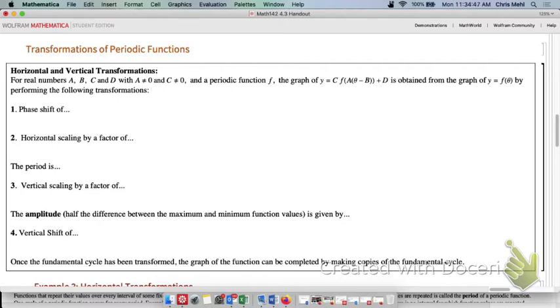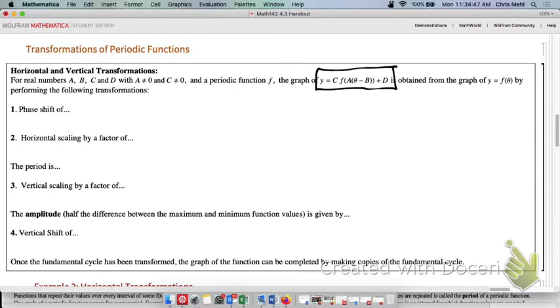Let me read this off. For real numbers A, B, C, and D, with A and C non-zero, and starting with a periodic function f, the graph of y equals C times f of A times the quantity theta minus B, plus, outside of the parentheses, capital D, is obtained from the graph of y equals f of theta by performing the following transformations.